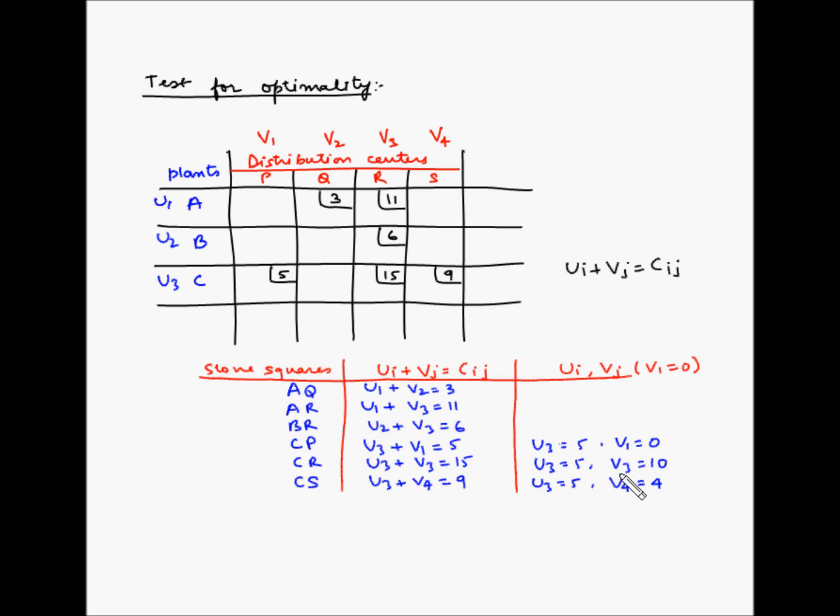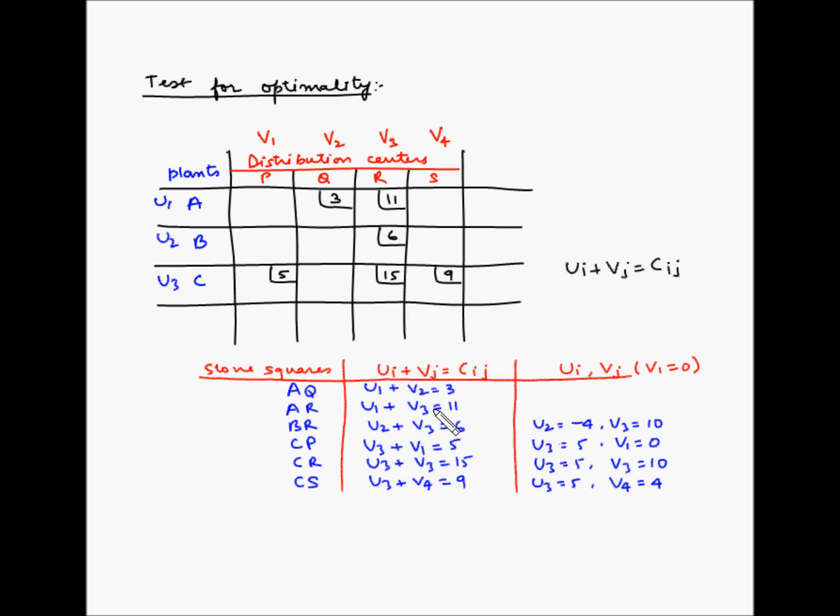Now let's put the value of V3 in the case of BR. So V3 is 10. So U2 becomes 6 minus 10, which means U2 is minus 4. Now let's put the value of V3 in this equation for AR.